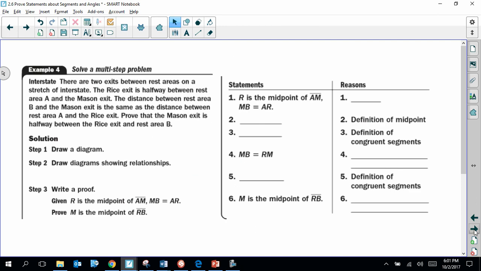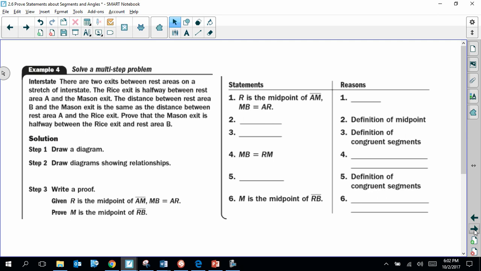Now this is a much more appropriate kind of two-column proof. It's giving you a situation, but even though here it's giving you a situation, most of the time what we'll see as a geometry student is something dealing with a figure of some kind, whether it's angles or segments or triangles or some other kind of polygon, or even a property about that polygon.